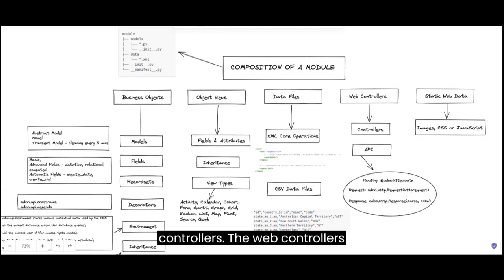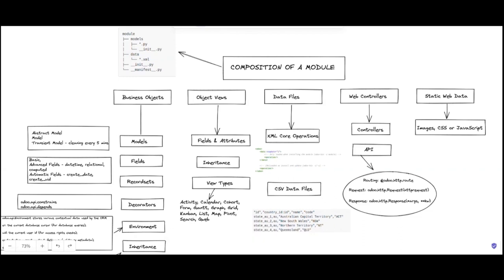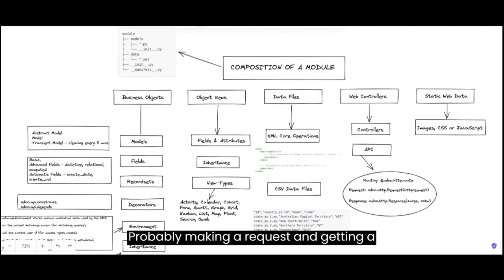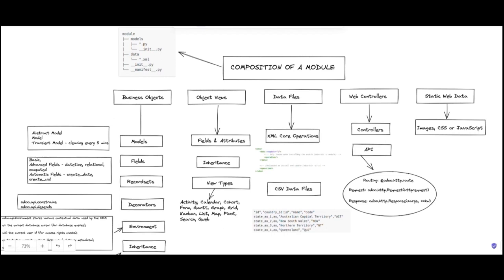We'll also be diving into web controllers. The web controllers uses both the logic and the view. Some data will be passed from the logic to the view for the user to interact with them. These views or these controllers will have their own routes, probably making a request and getting a response.